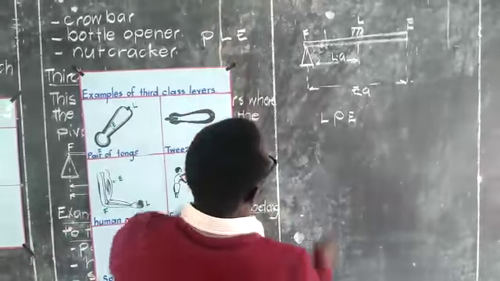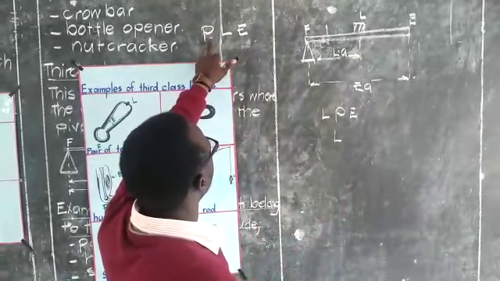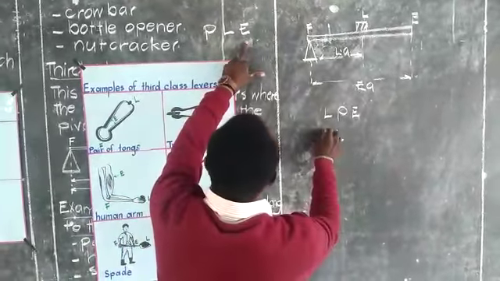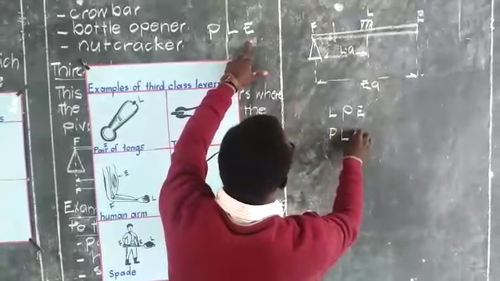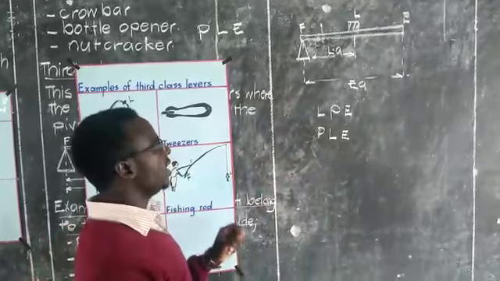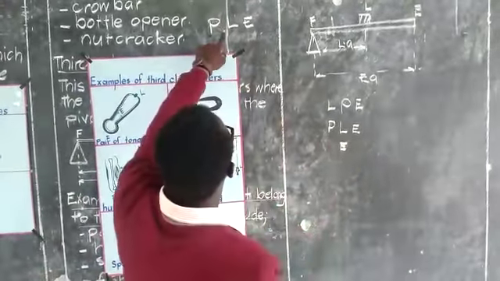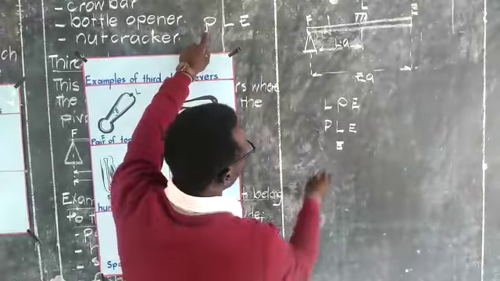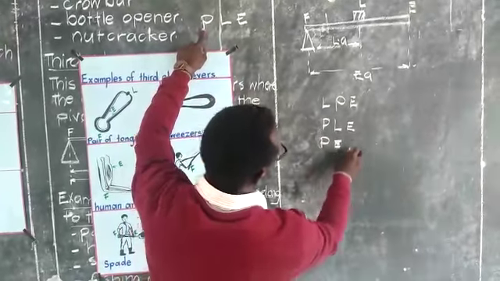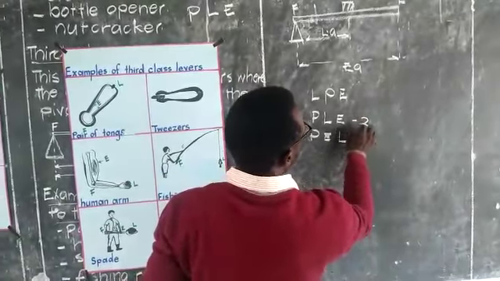If the load is in between the fulcrum or the pivot and the effort, we say this is second class levers. And lastly, if the effort is in between the pivot and the load, we say this is third class lever.